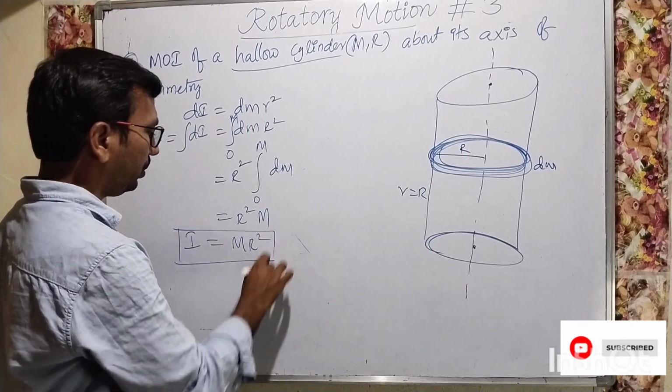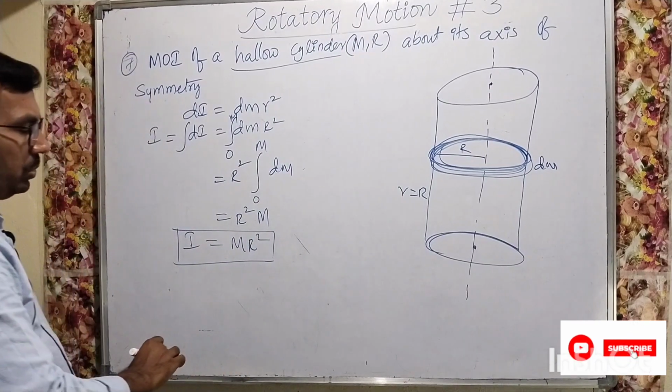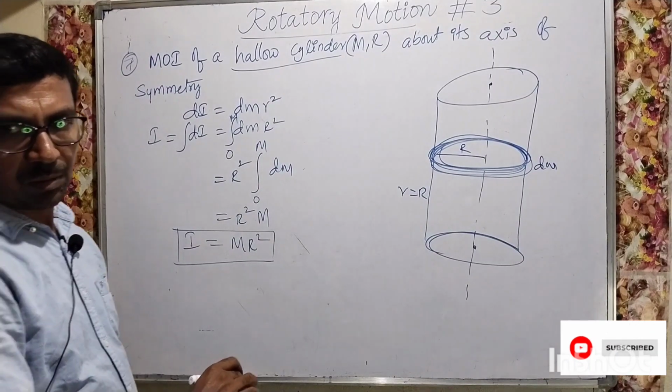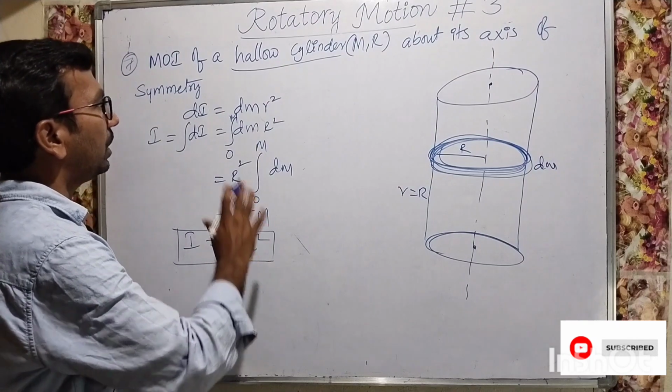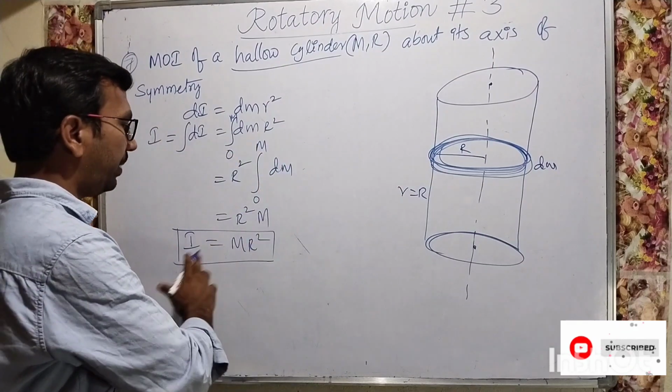This is similar to a ring: the moment of inertia of a ring is MR², and the hollow cylinder is also MR².